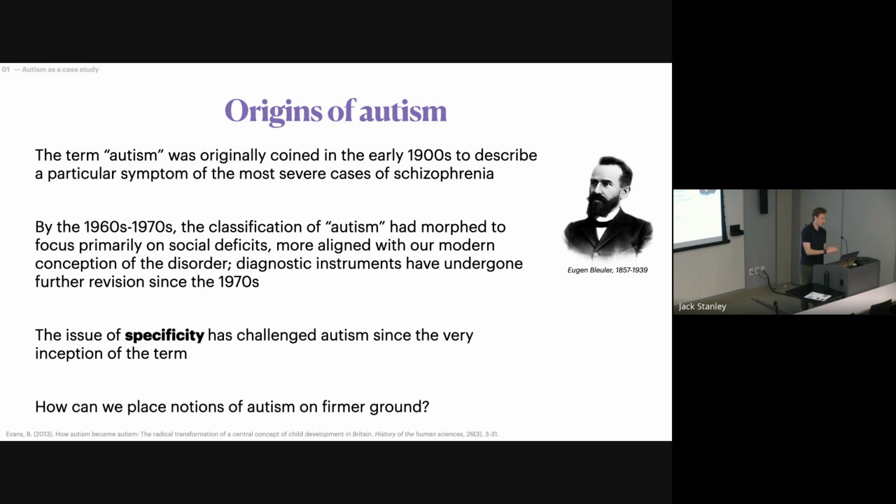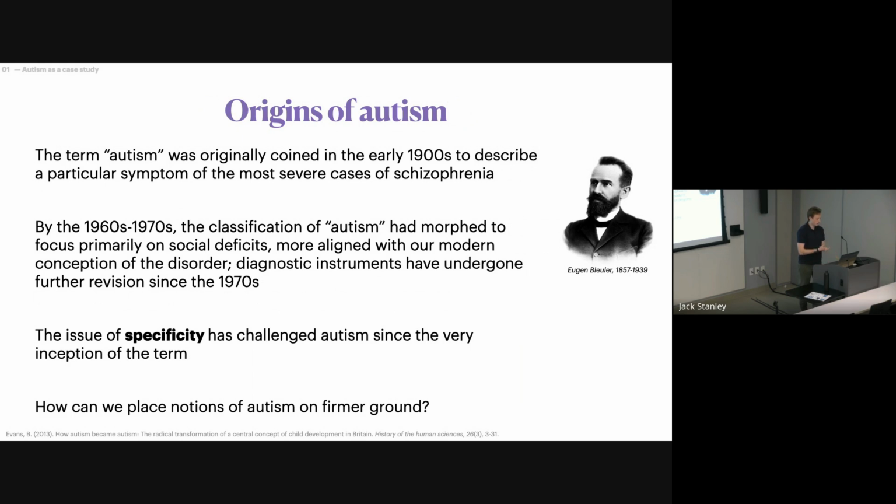Since then, the diagnostic instruments that clinicians have used have undergone significant revision. And there's been quite a lot of debate in the autism research community about what things should actually be specific to autism and are most diagnosis relevant. This is all to say that this issue of specificity has really challenged autism since the very inception of the term.